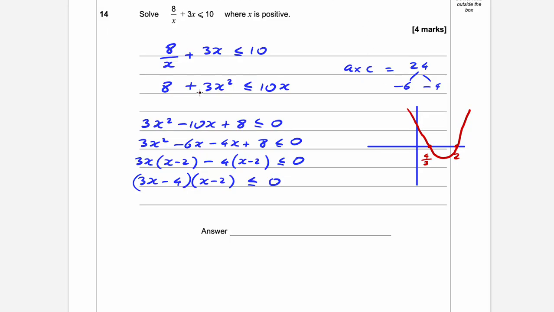Where is it less than or equal to 0? Well, it's less than or equal to 0 down here. So this is x is greater than or equal to 4 over 3 and less than or equal to 2.